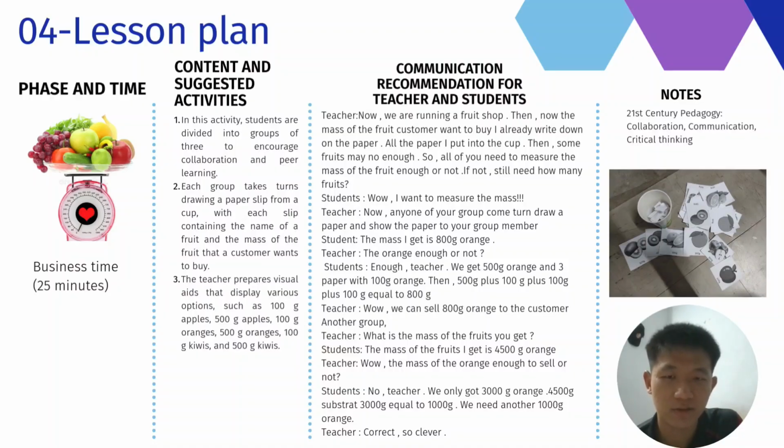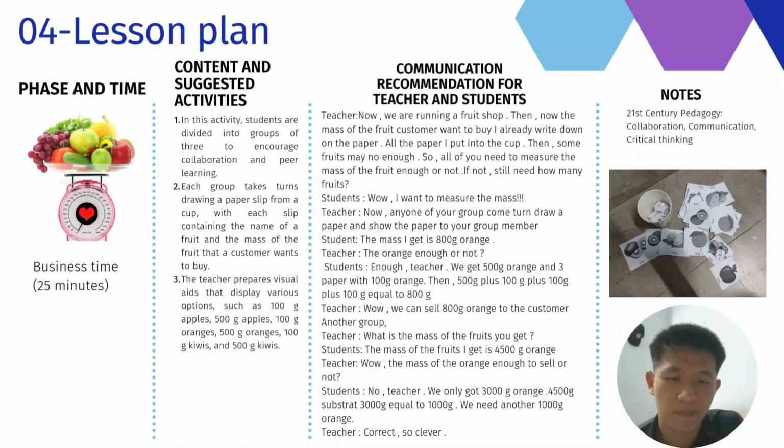Then for another group, the teacher may ask, what is the mass of the fruit you get? This student gets 4,500 gram orange. Wow. So is the mass of the orange enough to sell or not? Students will count the total mass of the orange they have.